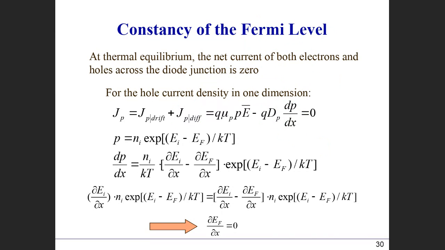So using these two equations, one represents the drift current and the other represents the diffusion current. If we add them together, that's going to be the total hole current. As I mentioned, at thermal equilibrium this total current is going to be 0. So we just put this total current as 0, and that represents thermal equilibrium.